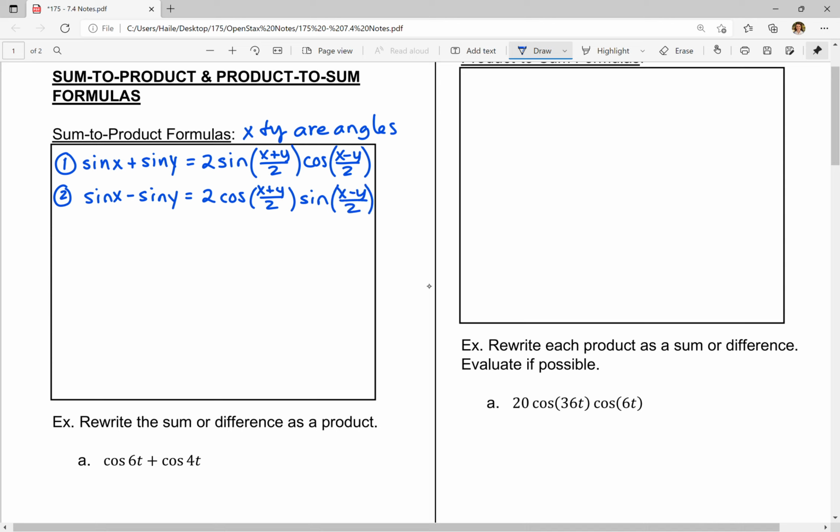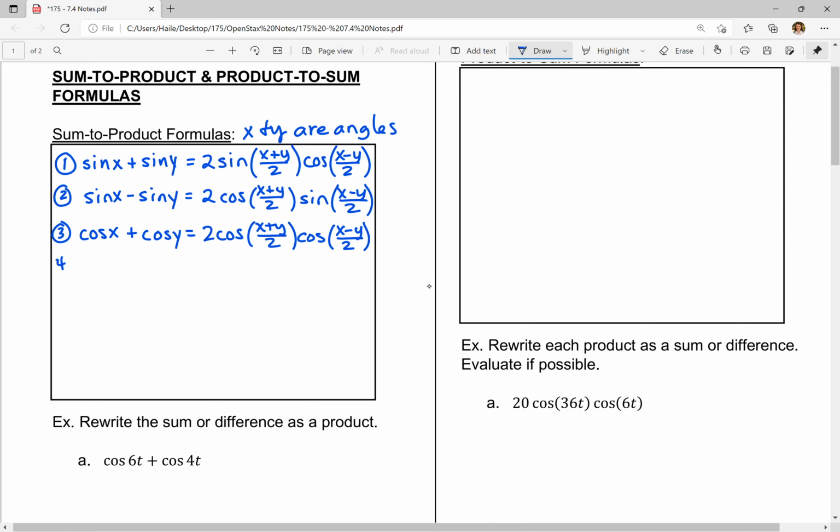that's going to be equal to 2 times cosine of (x plus y) over 2 times sine of (x minus y) over 2. Okay, third, if we have cosine x plus cosine y, that's going to be equal to 2 times cosine of (x plus y) over 2 times cosine of (x minus y) over 2.